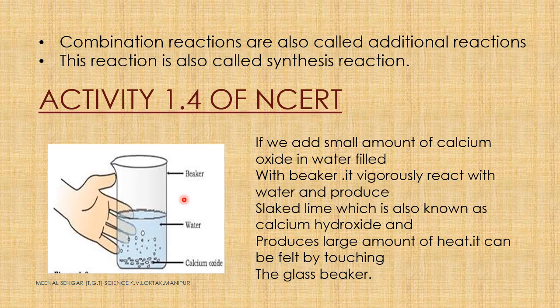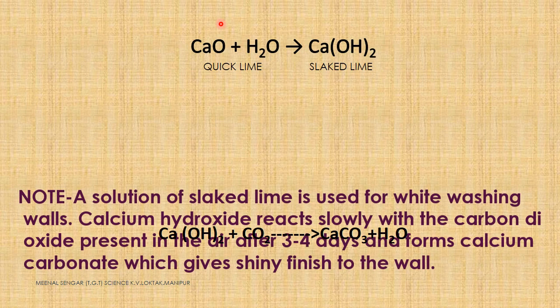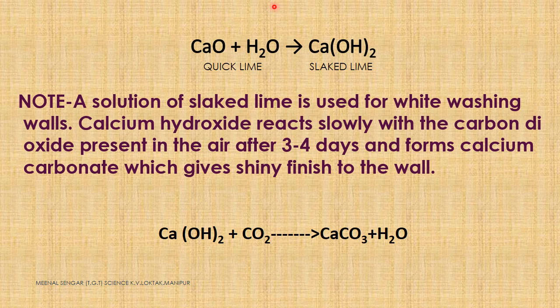If we have to prove that a combination reaction always releases heat, this activity is the experimental proof of that. When calcium oxide reacts with water, it forms a calcium hydroxide solution.